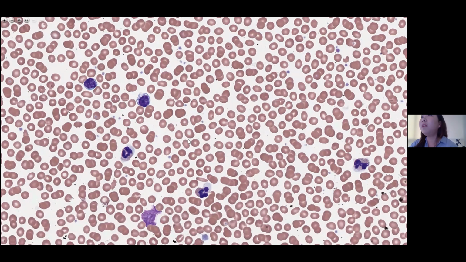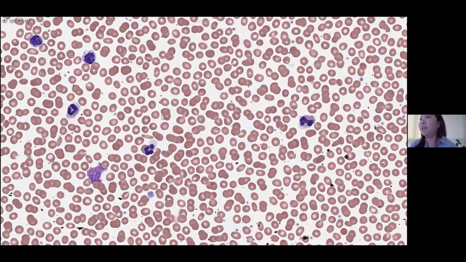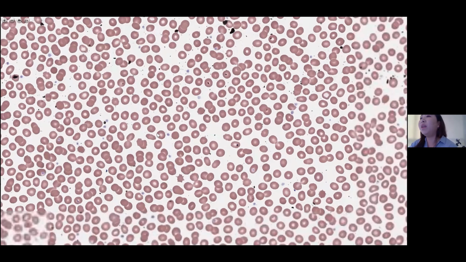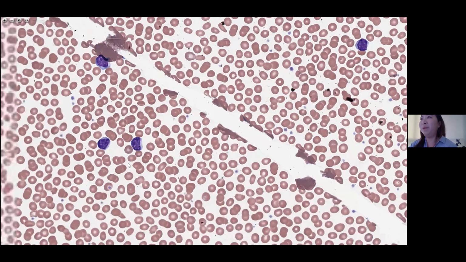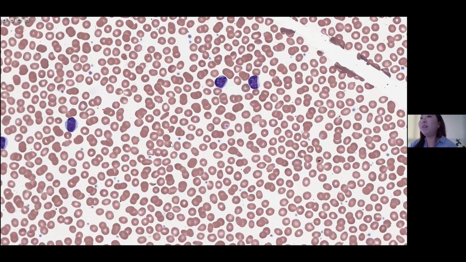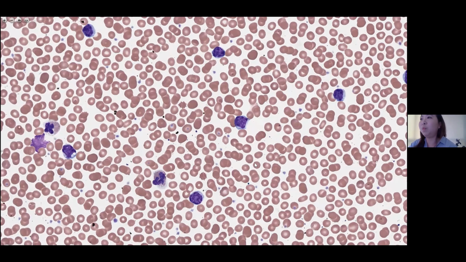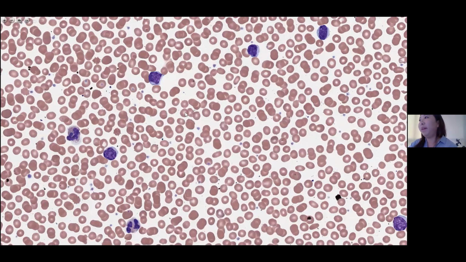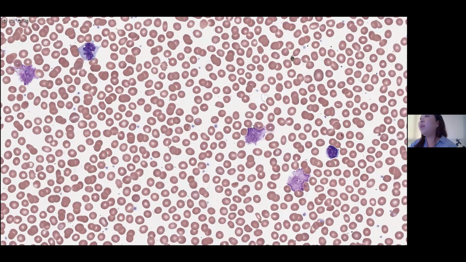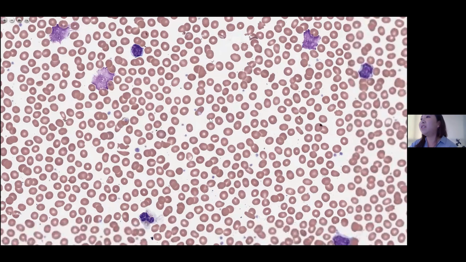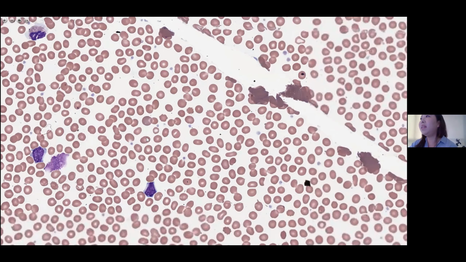It's okay to have a small subset of the lymphocytes having the prolymphocytic morphology in CLL, but you cannot have more than 55%, right? So that's a cutoff we use. If you have more than 55%, then we'll be worried about transformation to prolymphocytic leukemia, for example. So we don't see that here. This looks like a straightforward case of chronic lymphocytic leukemia in this 81-year-old.